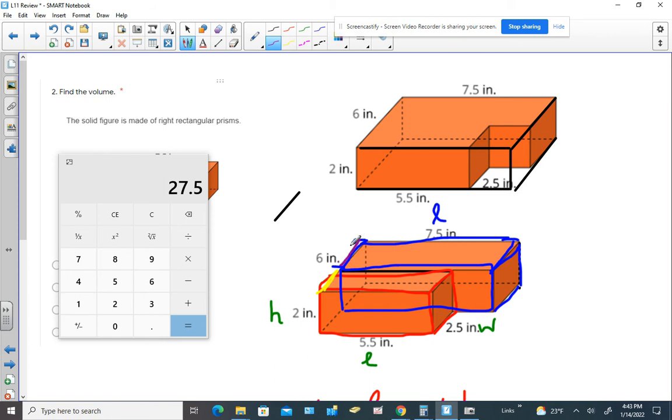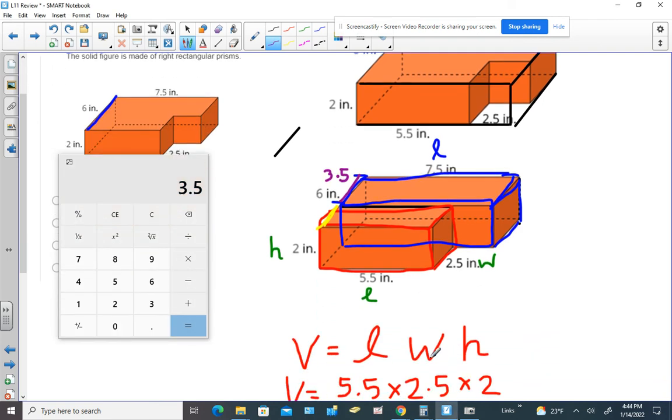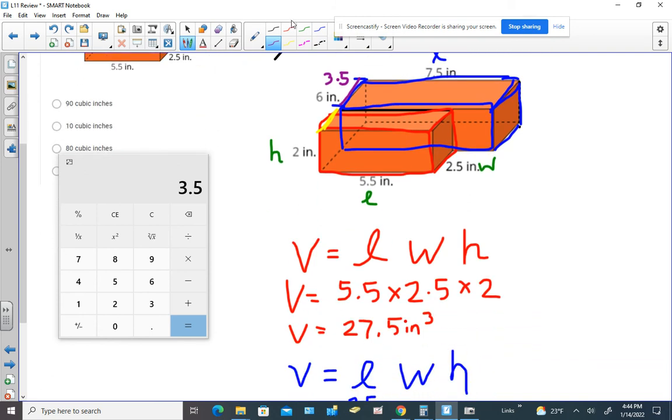Because the yellow line and the purple line would have to add up to be 6. All right, so let's go ahead and subtract 6 minus 2 5/10. And we get this number. So that purple line is 3 5/10 inches and could be used as the width of the blue figure.